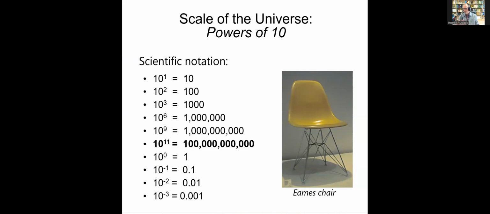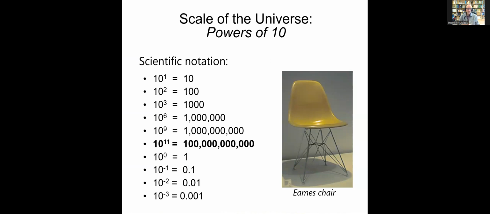To begin to understand the scales of things, it helps to remind ourselves of scientific notation, which was invented in order to represent very, very large numbers easily and conveniently.